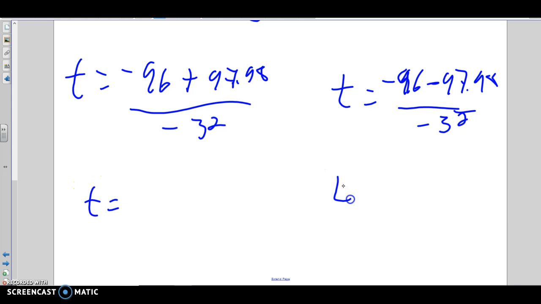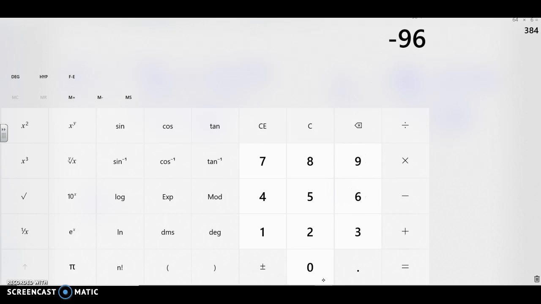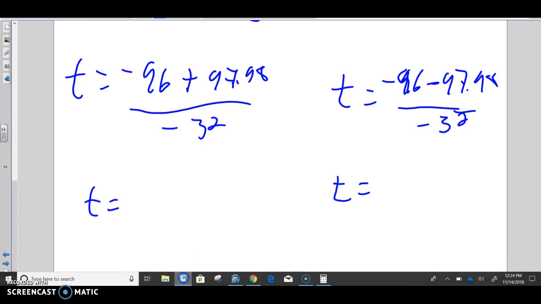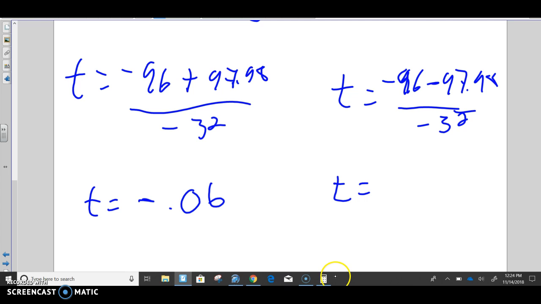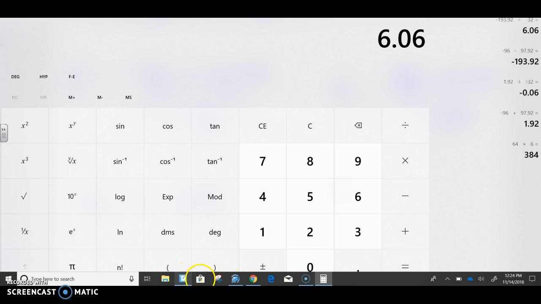So I will get the 2 times at when the height is equal to 0. So negative 0.06 and then 6.06.